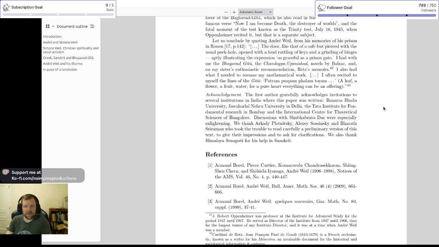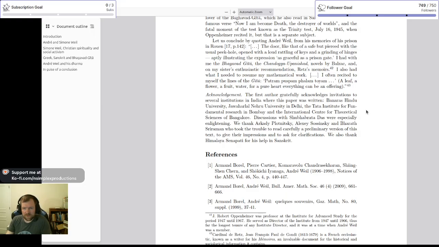First author gratefully acknowledges invitations to several institutions in India where this paper was written: Banaras Hindu University, Jawaharlal Nehru University in Delhi, Tata Institute for Fundamental Research in Bombay, International Center for Theoretical Sciences in Bangalore.